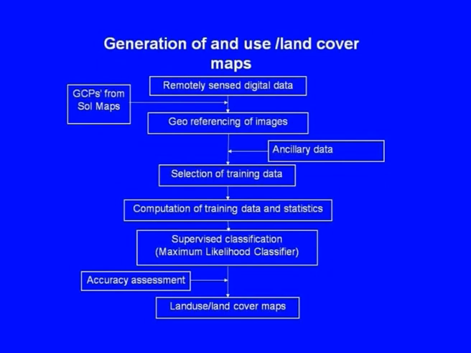Based on this information, we compute the training data statistics and perform the supervised classification using maximum likelihood classifier. In order to have confidence in the assessment which has been done for land use and land cover using remote sensing, we need to do the accuracy assessment. Here the criteria was kept as 85%.